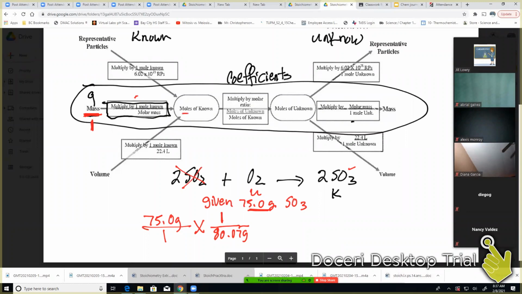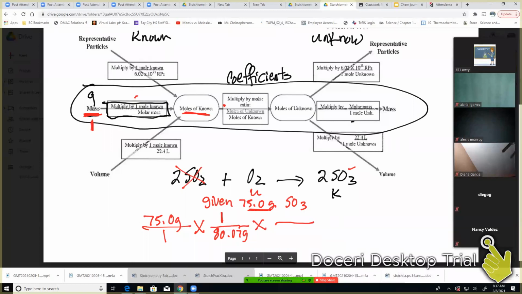So that tells me if I stopped right here and I did a calculation, I would know how many moles of my known that I have. But I don't want that. I want moles of my unknown. So I need to go to my next conversion factor. And my next conversion factor says multiply by the mole ratio with your unknown being at the top and your known being at the bottom.